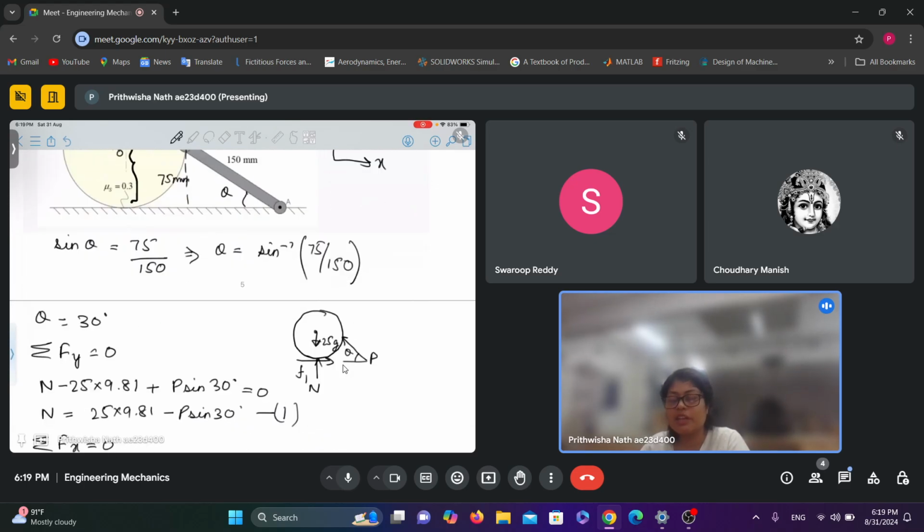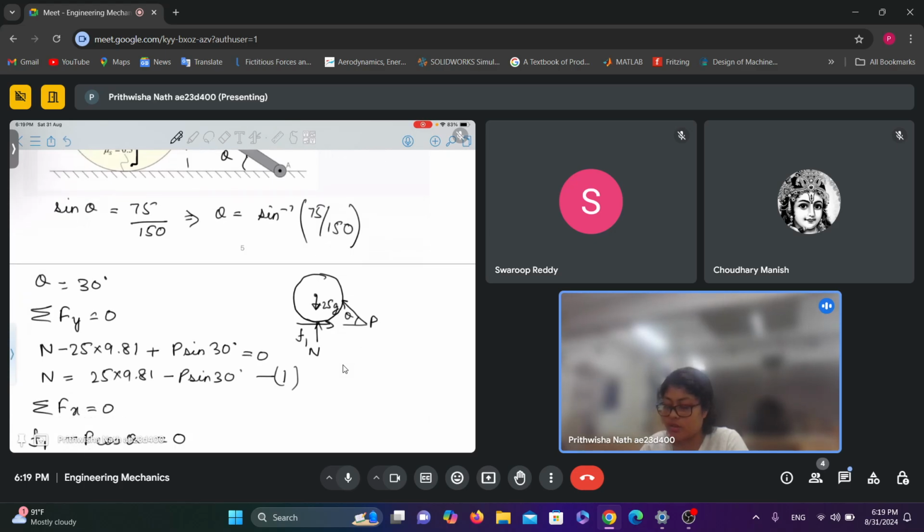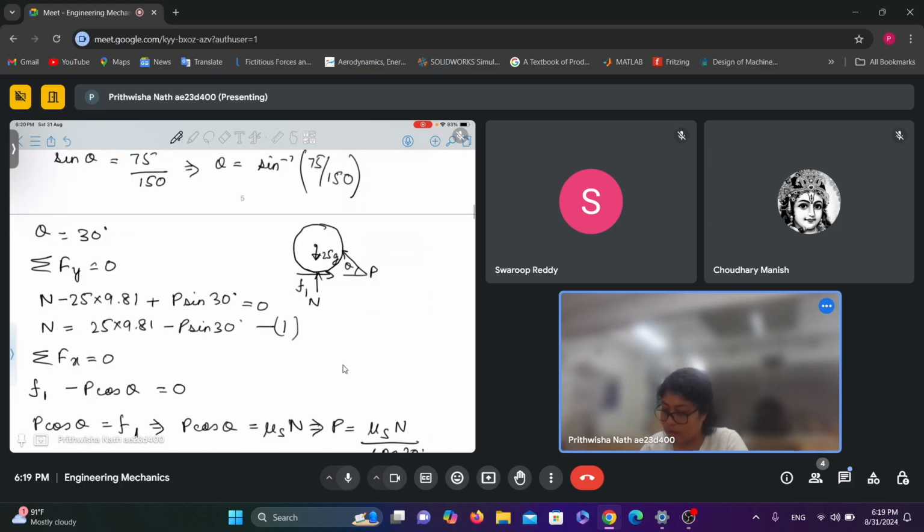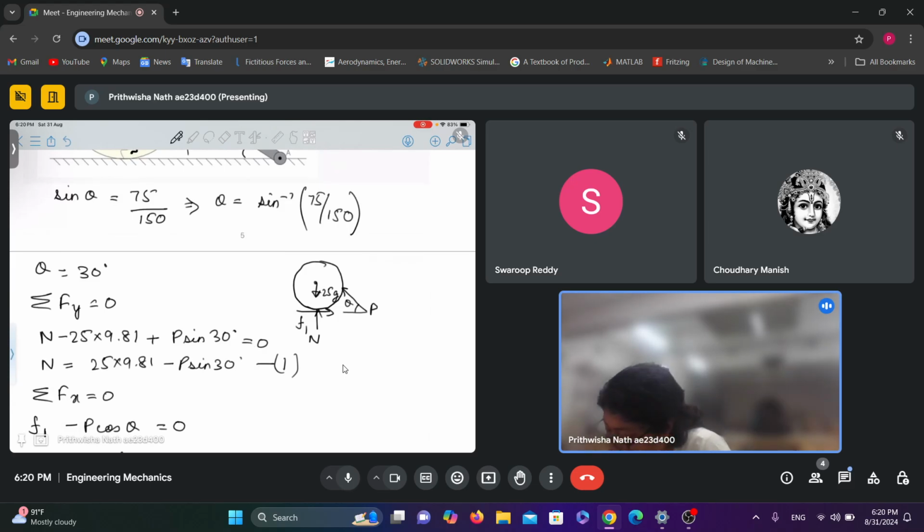Now we draw the free body diagram. In the y direction, the normal force comes out. We can evaluate the normal force from this expression.